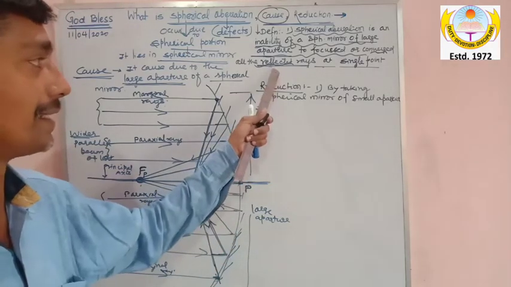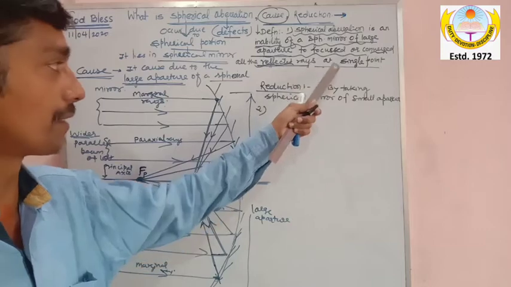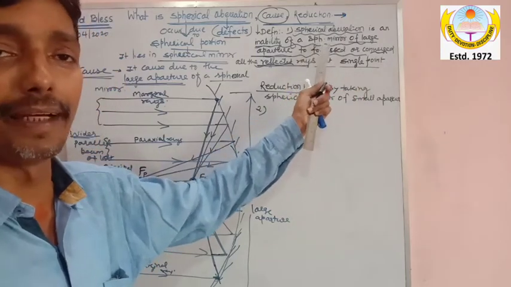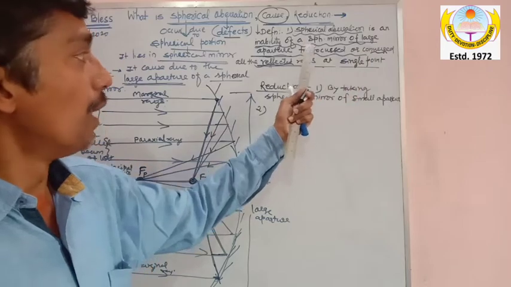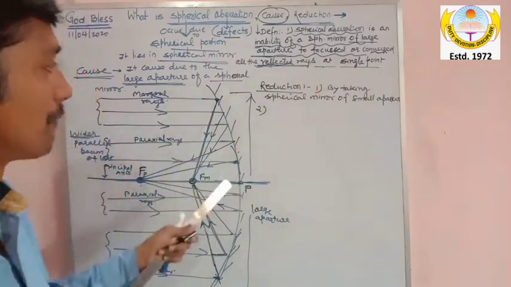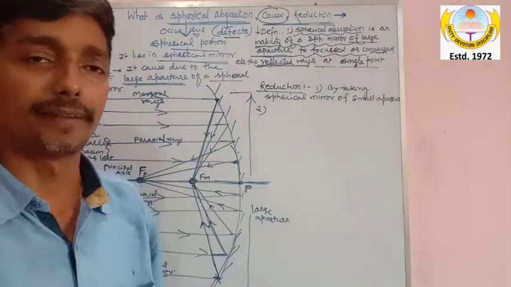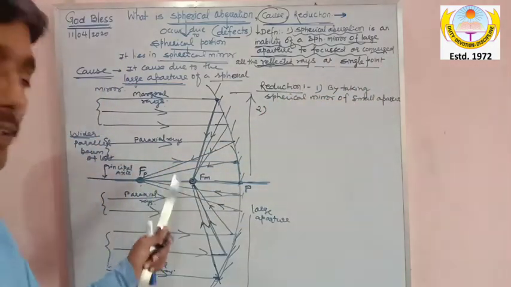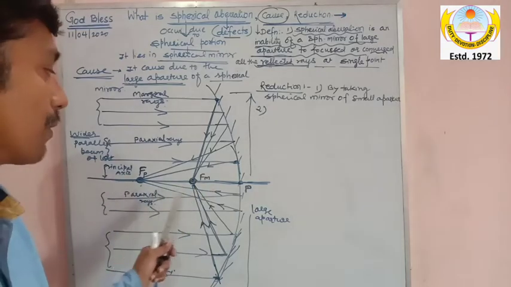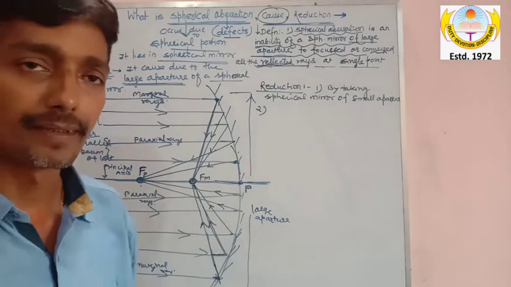Earlier I was saying that it is the principal focus, but not necessarily. The definition says spherical aberration is the inability of a spherical mirror of large aperture to focus or converge all the refracted rays at a single point. Here the problem was that the rays are not focused at a single point, they are focusing at two different points. Am I clear?